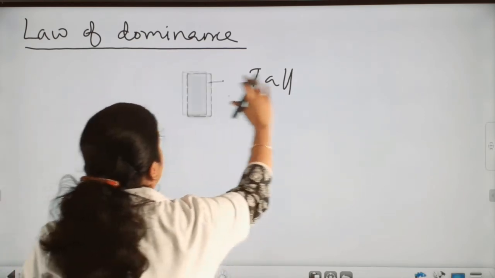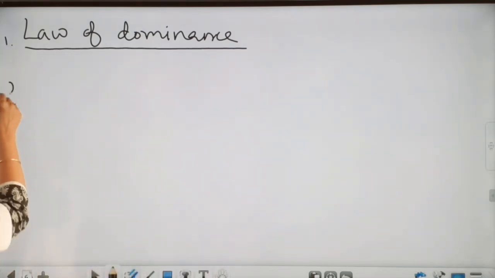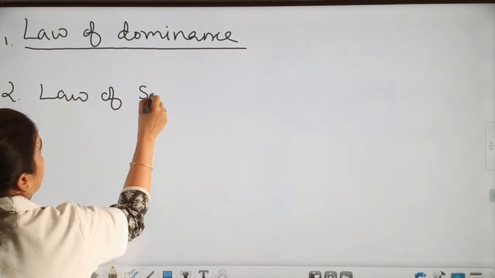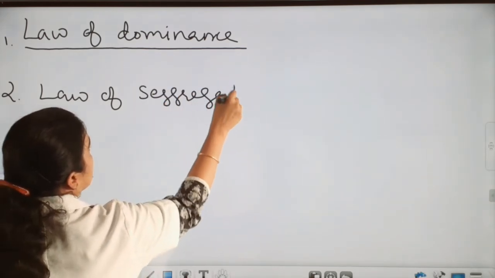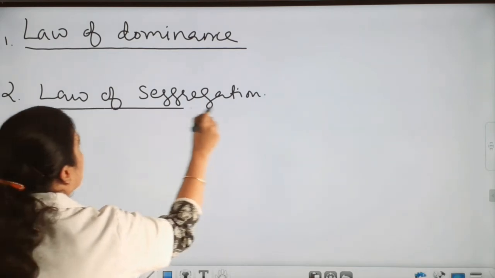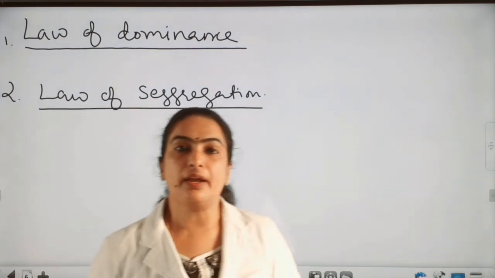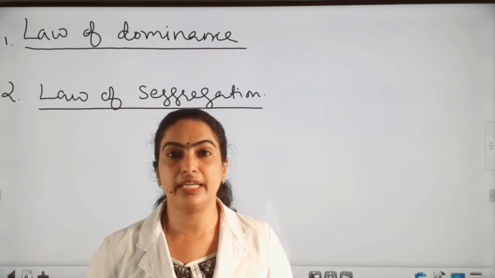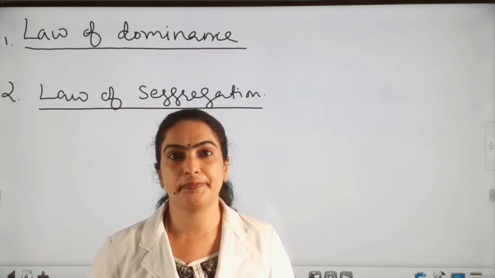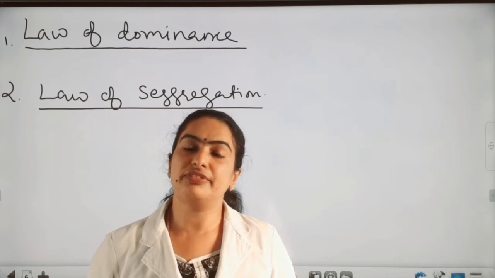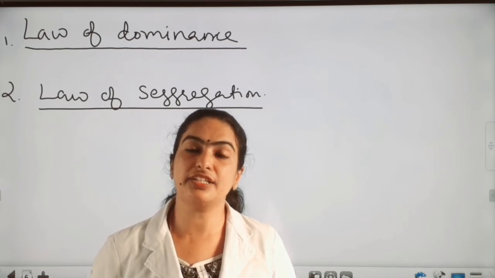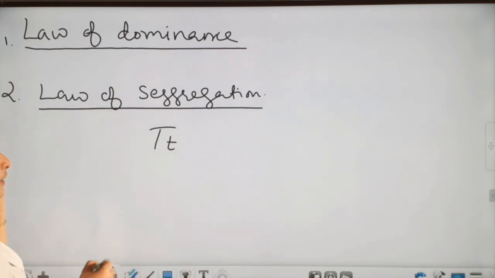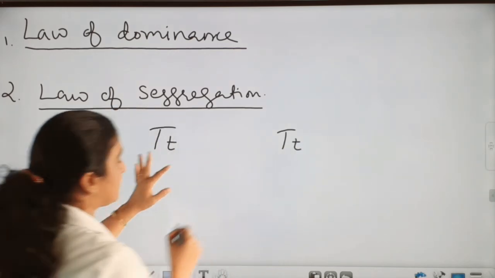And next we can see the next law, law of segregation or law of purity of gametes. In law of segregation, when a pair of alleles of a character in a hybrid are brought together, at the time of gamete formation, they segregate or separate. For example, suppose this is the parental characters of first generation.